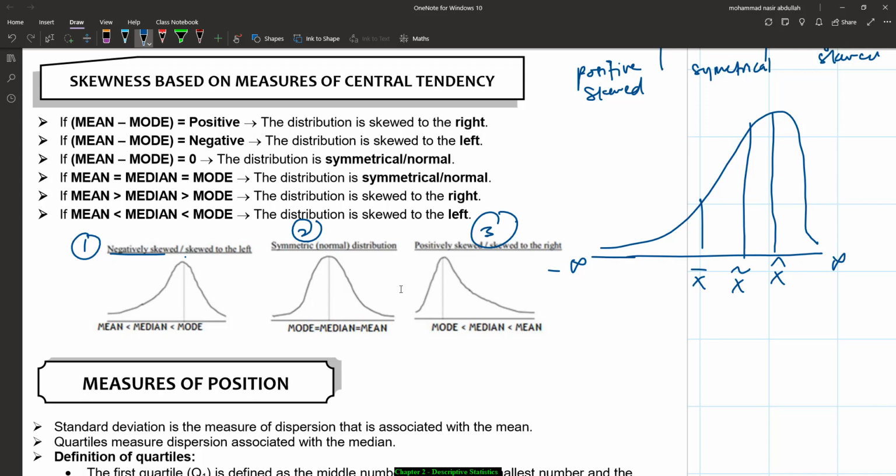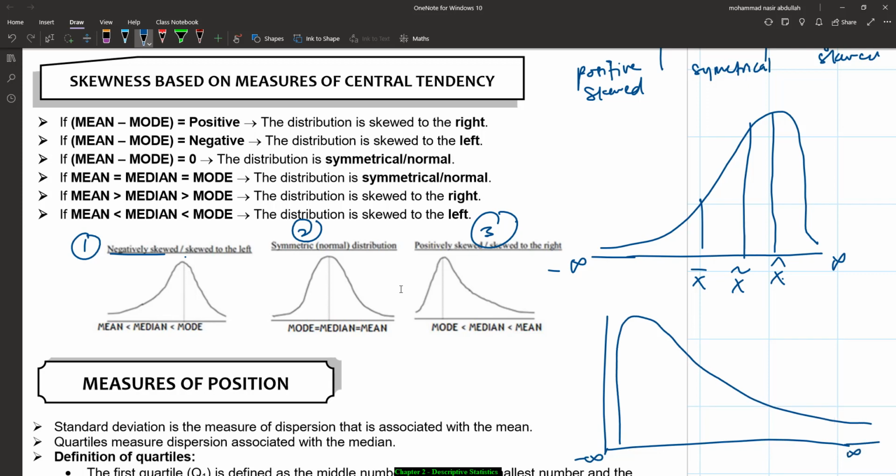So if the value of mode is larger than median, larger than mean, then it's a skewed to the left distribution. If the value of mode is smaller, this is negative infinity to infinity, and here this is mode, median, and mean.